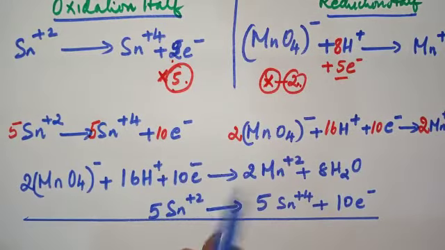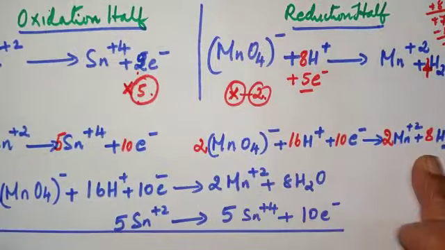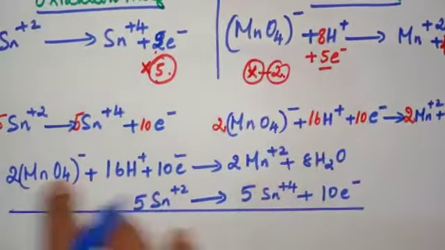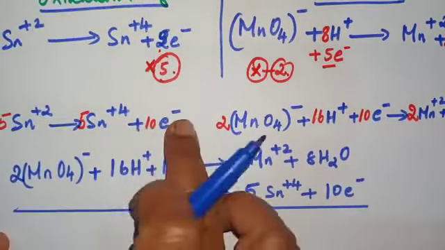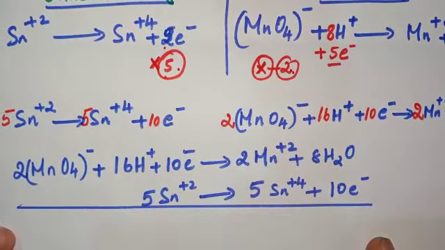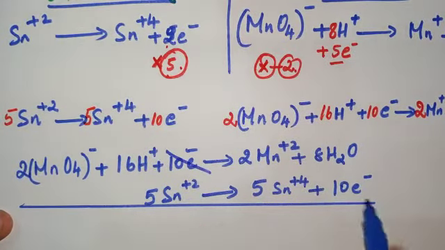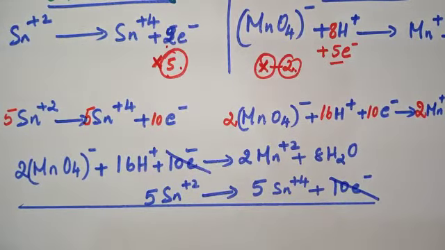I have written the biggest reaction, the reduction half, first, and below that I have written the oxidation half reaction. Both reactions we are just adding. While adding, the 10 electrons on both sides cancel.